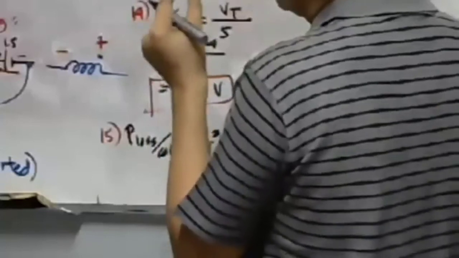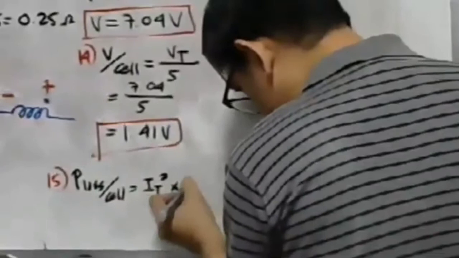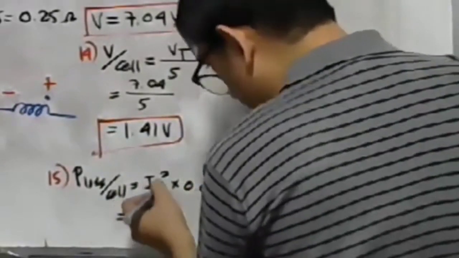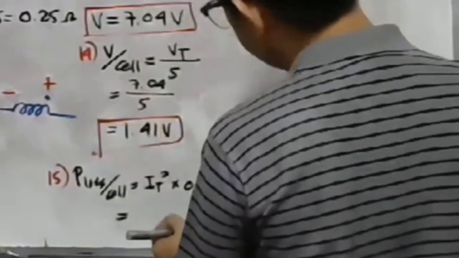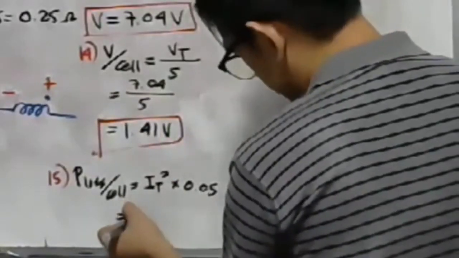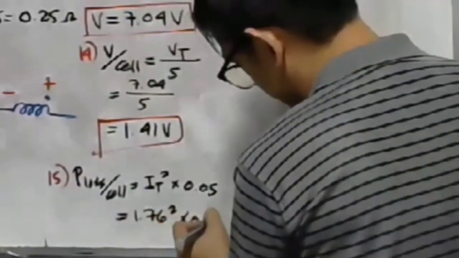What is the resistance of each cell? 0.05. So we already have the value for the total current to be 1.76, squared, times 0.05.